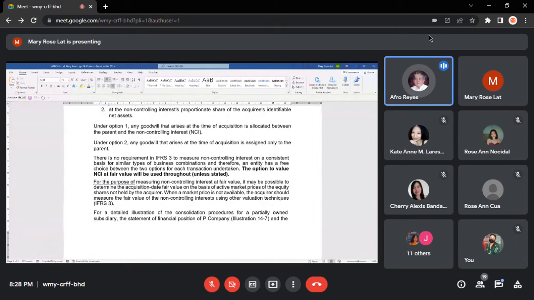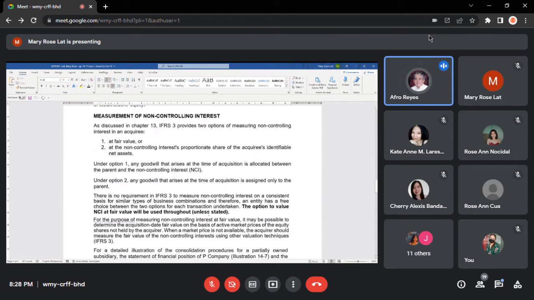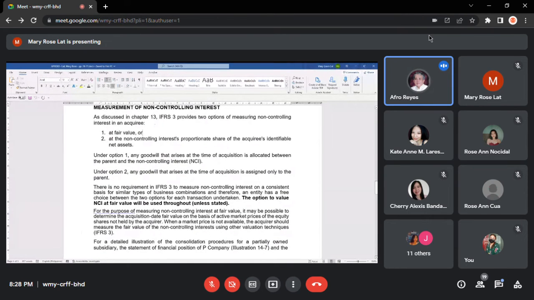So, ang consolidation ay statement of financial position ng acquirer at statement of financial position ng acquiree. Now, we are talking of consolidation at date of acquisition.